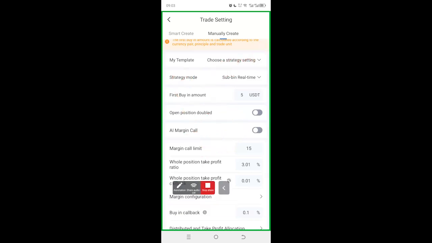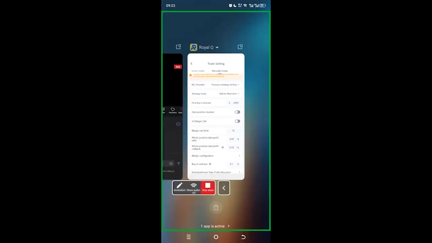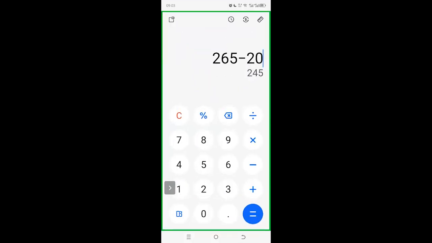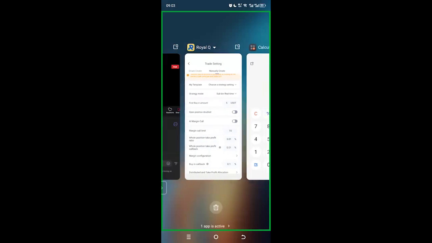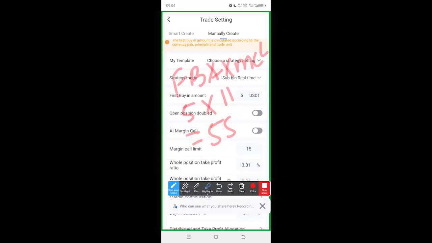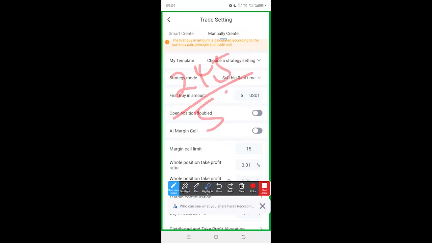Let us do it practically. What is the remaining capital? The remaining capital is 245. Divide 245 by 55. Get me the answer in the chat.